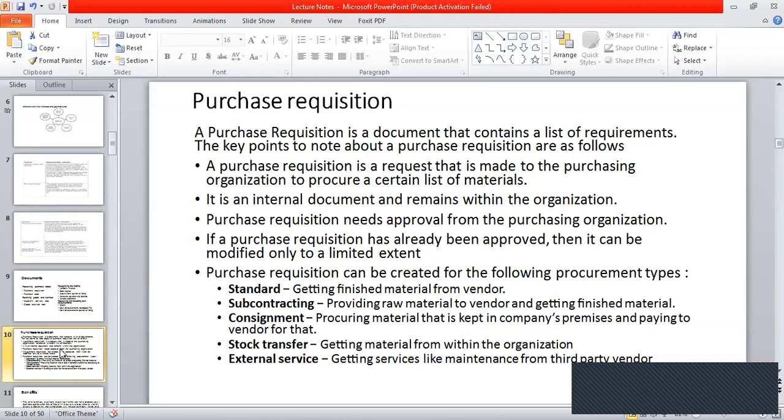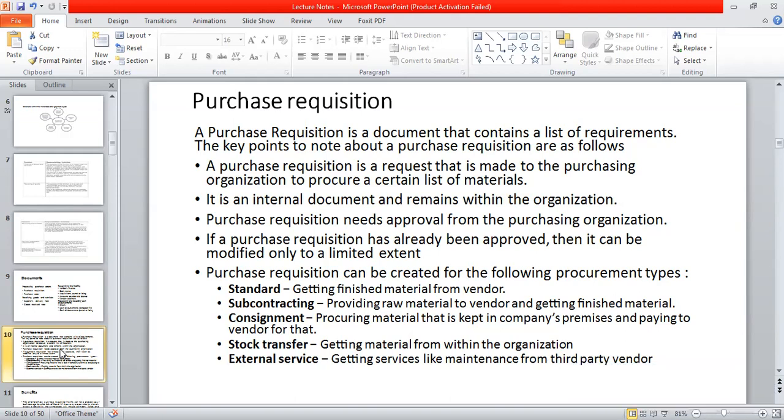It is an internal document. It remains within the organization. So mainly it is produced by a business unit or a department to the purchasing department, so that the purchasing department can buy those items requested on behalf of the business unit. So it remains an internal document within that organization.